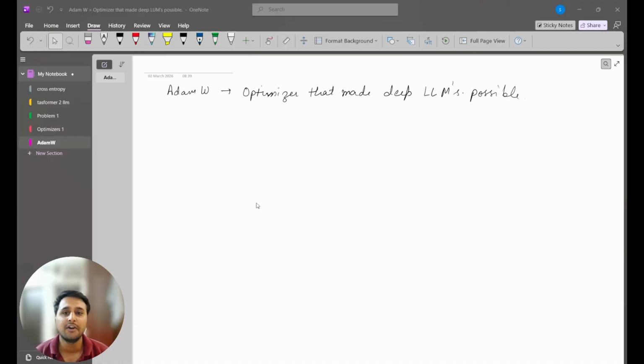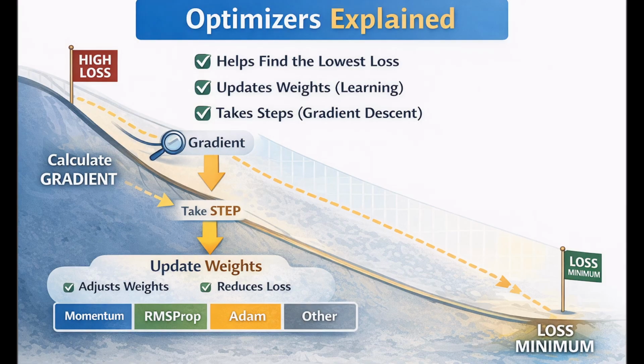So today's topic is AdamW, and in my last video we talked about the optimizers. We saw there are different types of optimizers available, and that the main job of an optimizer is to update weights in our neural network in order to reach the lowest point in the loss surface.